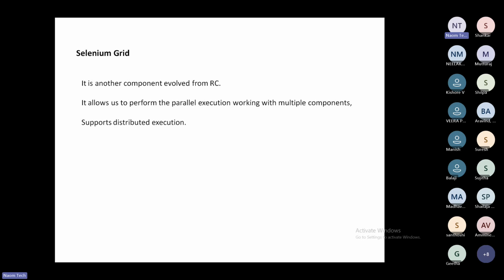The advantage is that when you distribute to multiple machines, you have parallel processing, and the amount of time it takes to execute your testing automation is reduced. That is the advantage we have with Selenium Grid.